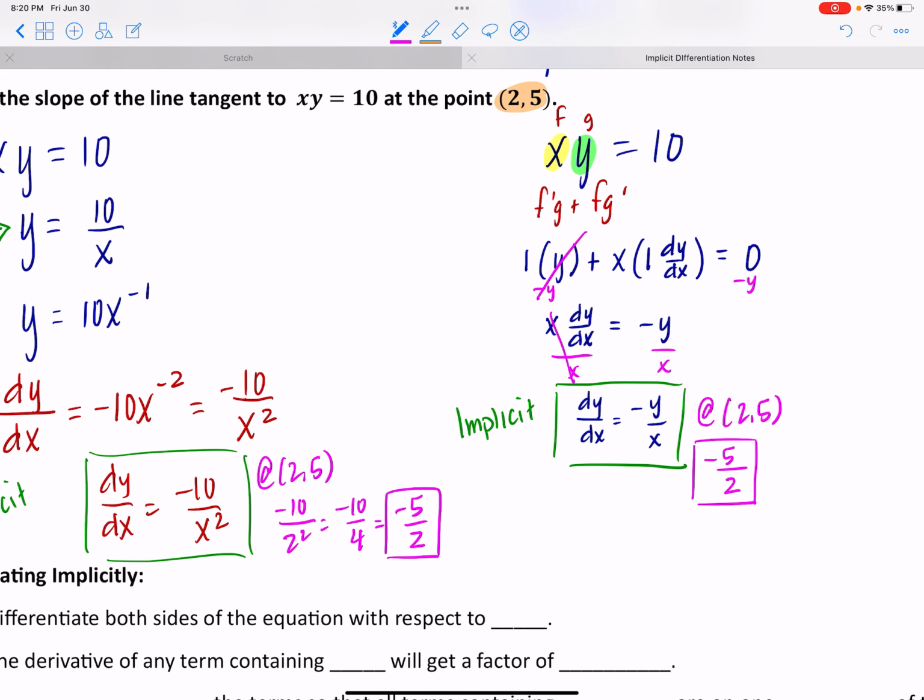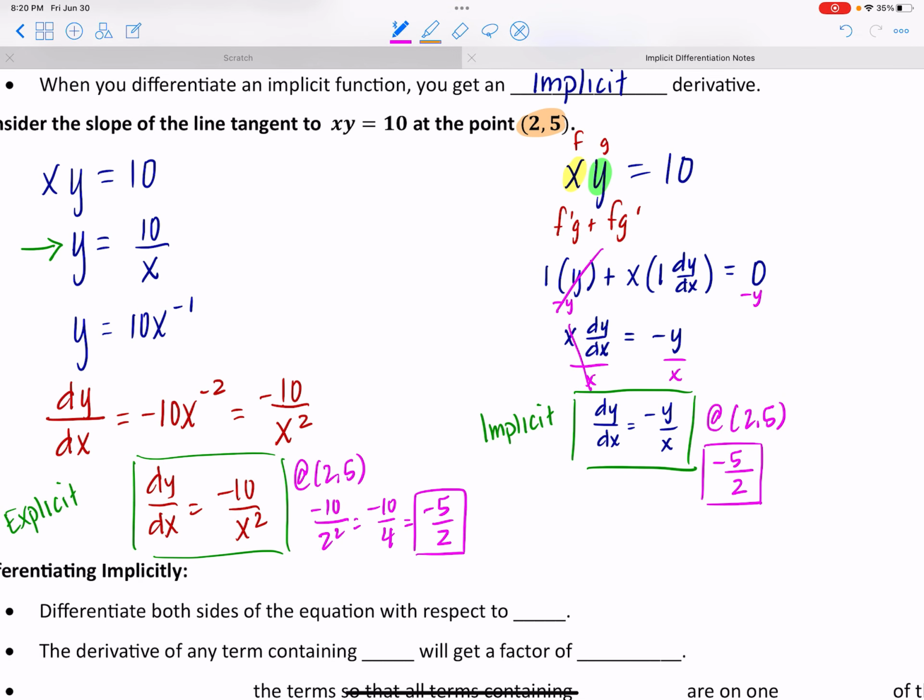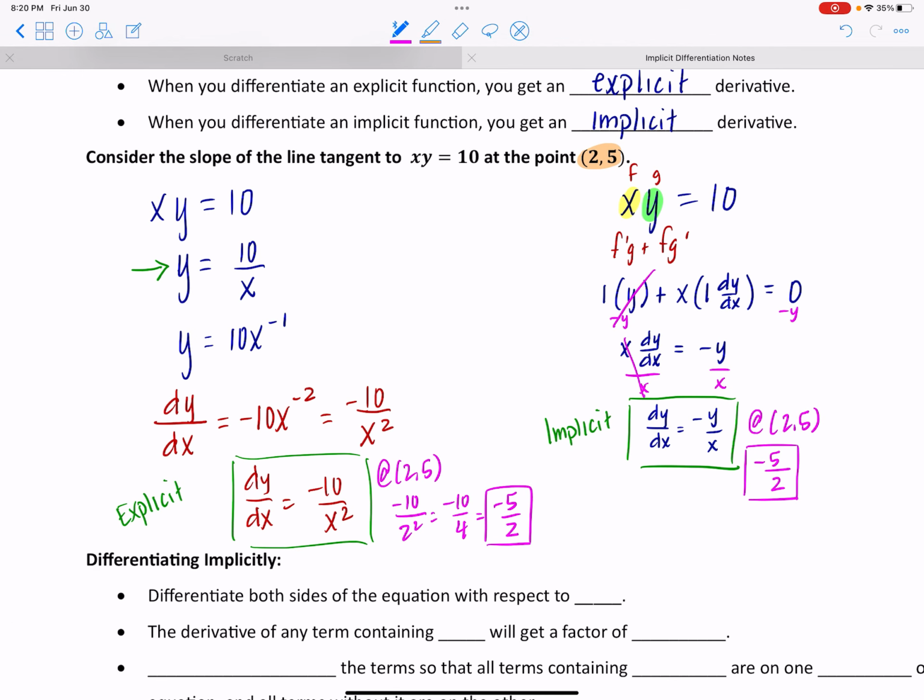So even though those two derivatives look different because one's explicitly in terms of x and one's implicit in terms of x and y, it is going to lead us to the same slope at any particular point of tangency. Okay?